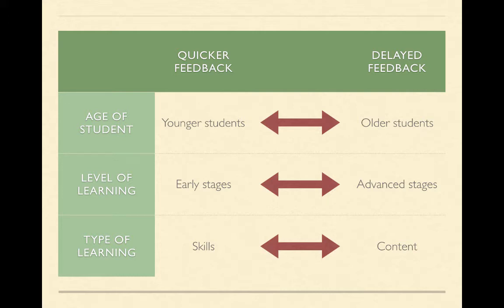Students who are learning how to find the correlation coefficient in their statistics class might need the teacher to give them help and guidance quickly so they can work through the process. But students who are learning the causes of World War I in history class don't necessarily need the teacher looking over their shoulders on the spot. The point is, you need to give feedback in an appropriately timely way for the needs of the students.